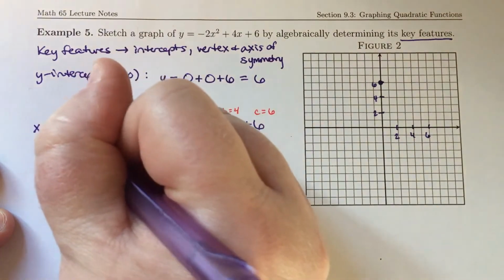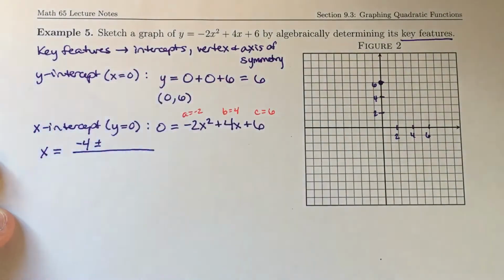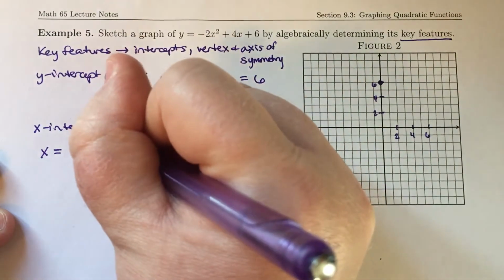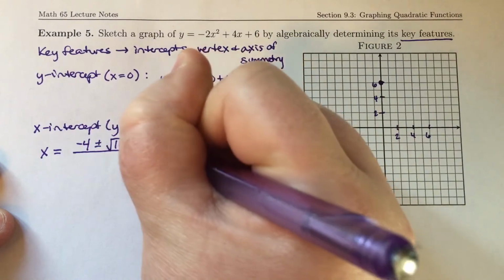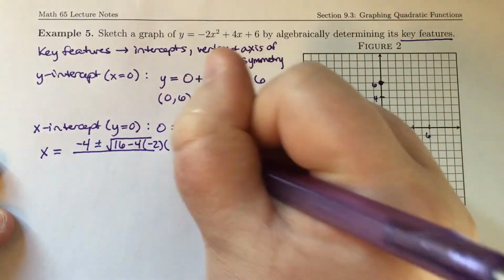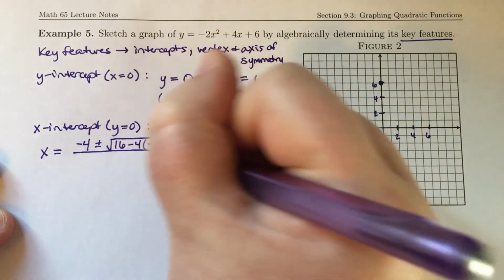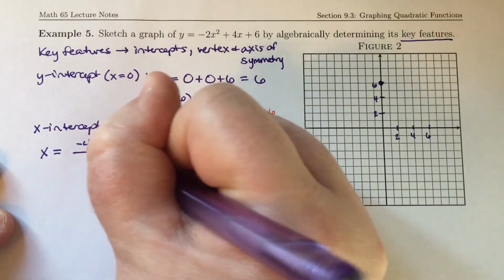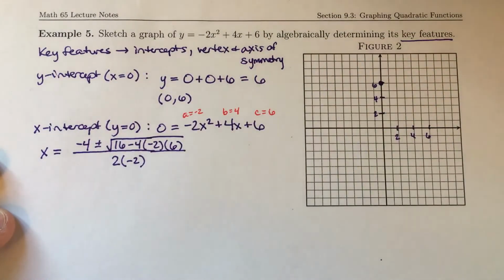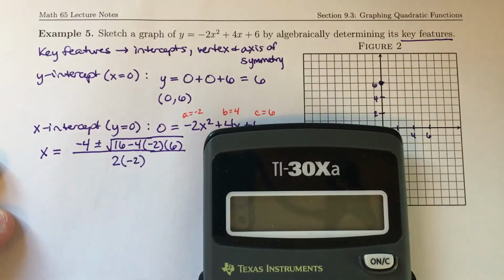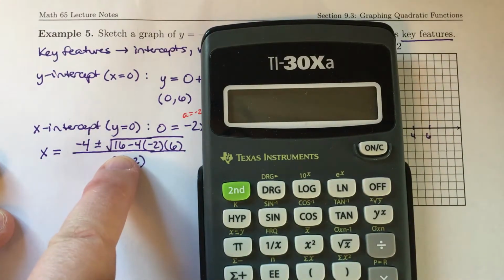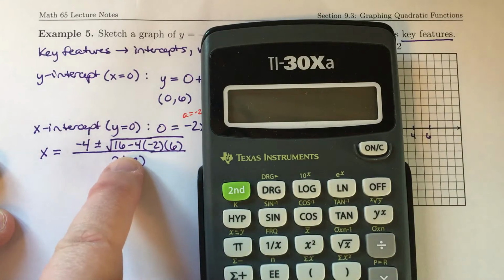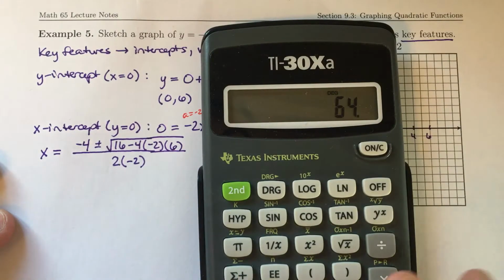Negative b would be negative 4, the opposite sign of b, plus or minus the square root of b squared minus 4 times a times c, all over 2 times a. As we discussed in class, the part under the square root is actually called the discriminant.